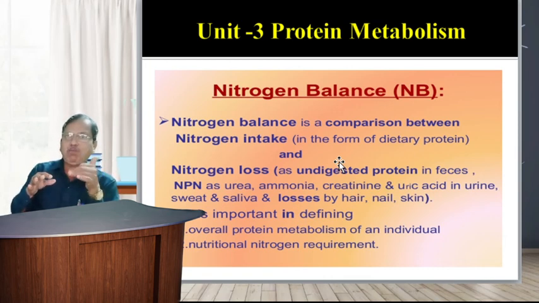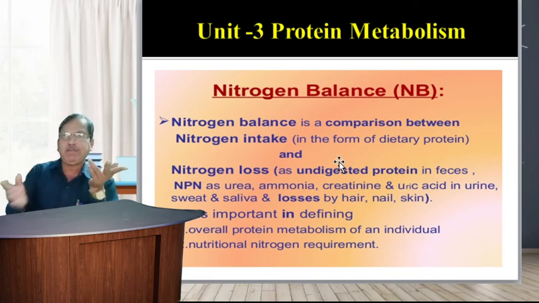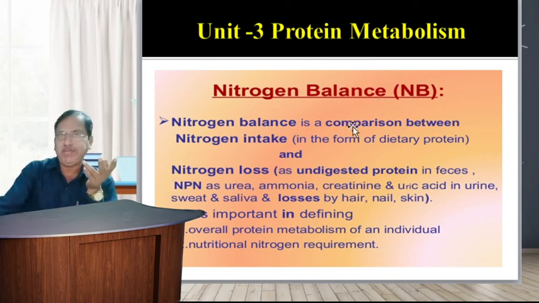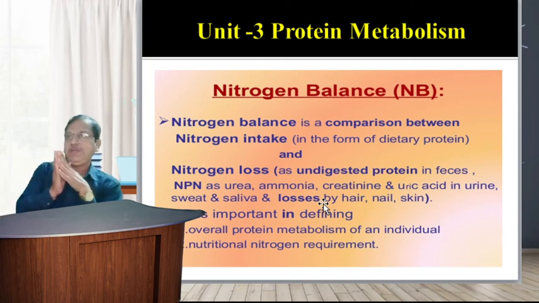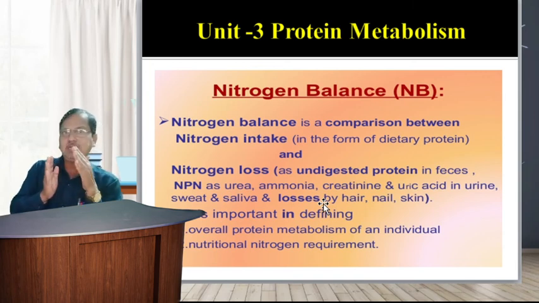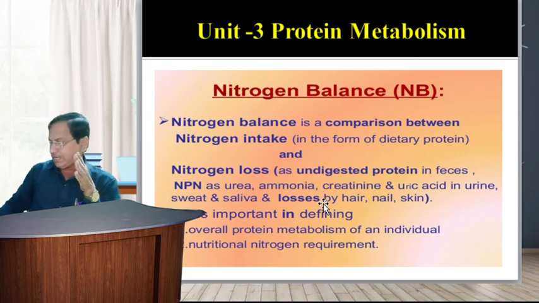NB is important in defining the overall protein metabolism of an individual and nutritional nitrogen requirements. So it is called nitrogen balance, in short NB. It is most important for every living animal.